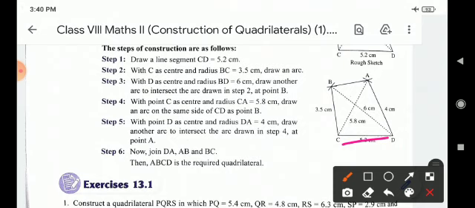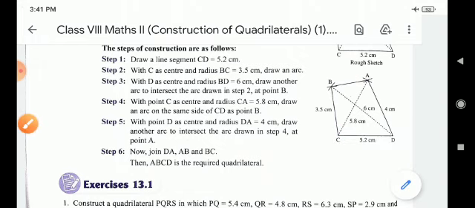Step 2, with C as center and radius BC 3.5 centimeters, draw an arc with the help of compass and ruler. Step number 3, with D as center and radius BD 6 centimeters, draw another arc to intersect the arc drawn in step number 2 at point B, which cuts both arcs at the point B.